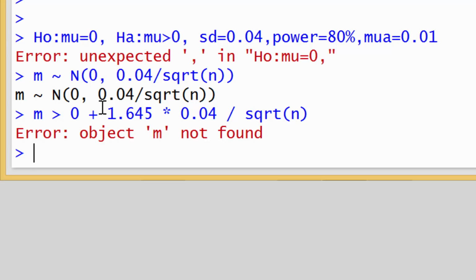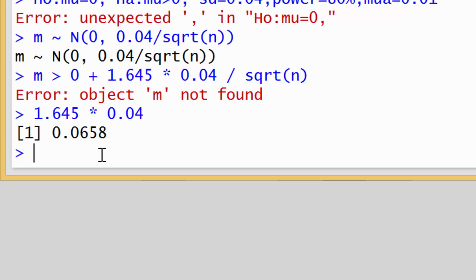Let me just say right here what this number is. 1.645 times 0.04 is 0.0658. And let's just assume, for example, n is 10.